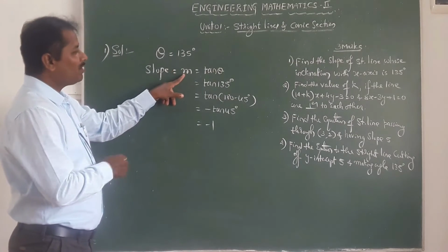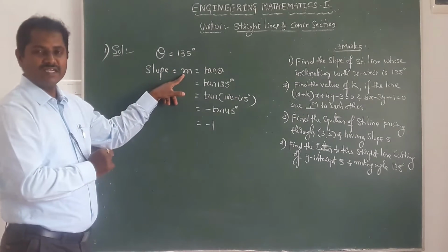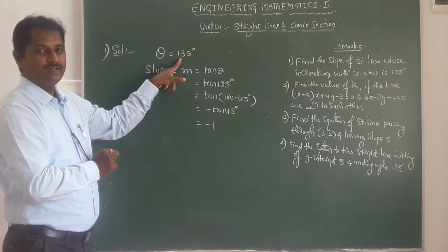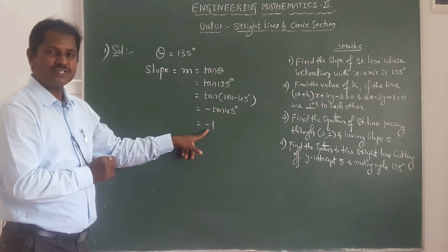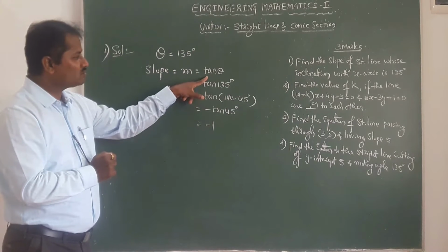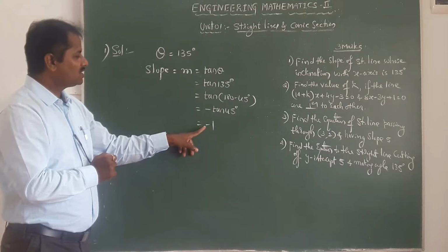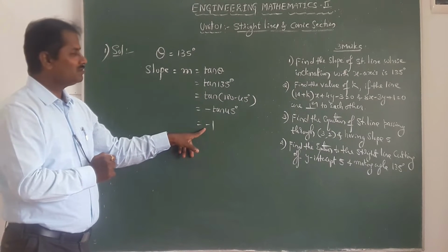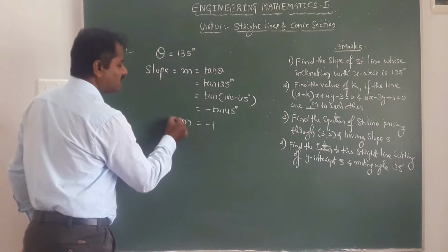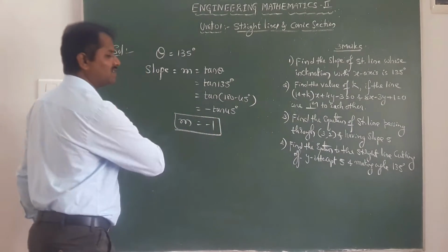So the slope of a straight line whose inclination with x-axis is 135 degree is m is equal to tan theta, and the slope is minus 1.